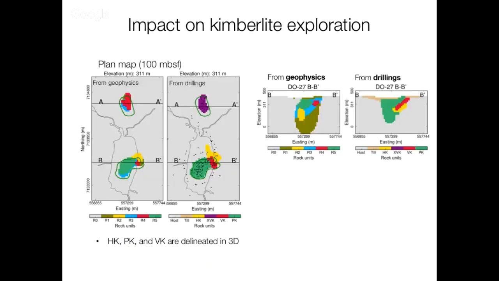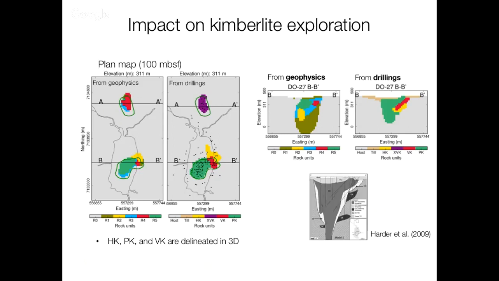So what's the impact on the kimberlite situation? These are kind of outdated slides. I have another slide, but better. The bottom line is that we now have conductivity information from this analysis, and that allows us to make different rock units, and that can be compared with the drilling.